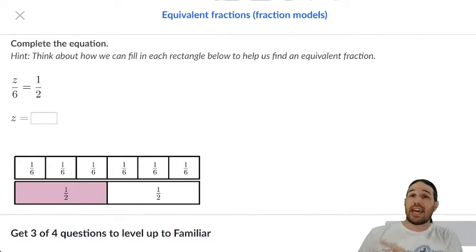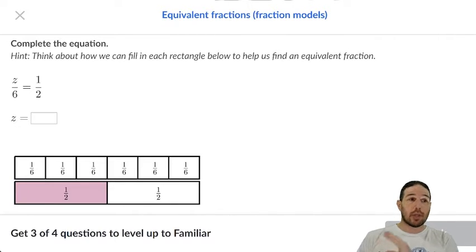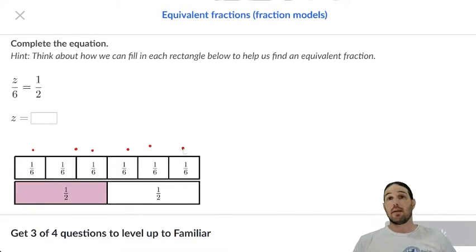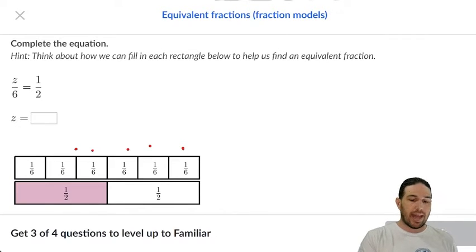So in this case, we are looking at a couple of long, thin rectangles that have been broken also into fractions. On the top, we can see that it's been broken into 1, 2, 3, 4, 5, 6 equal-sized pieces, and the bottom, of course, is cut into 2 halves.